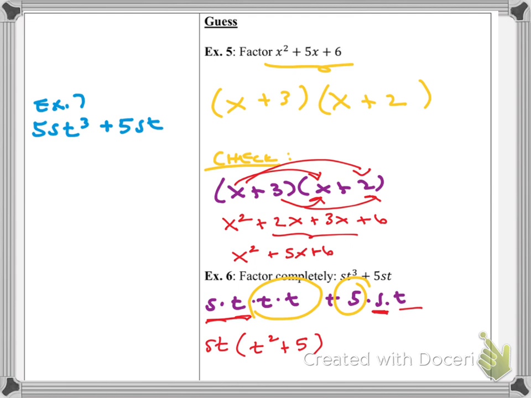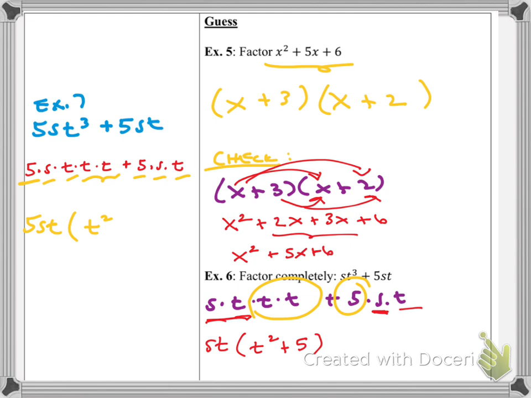Now, with that same setup, 5 times s times t times t times t, and this video is a little bit longer, but we're wrapping this up, plus 5 times s times t. Okay. Well, there's a 5 common in each term. There's an s, right? And there's a t. This is what I'm talking about because 5st will be on the outside, and then we're left with t squared.